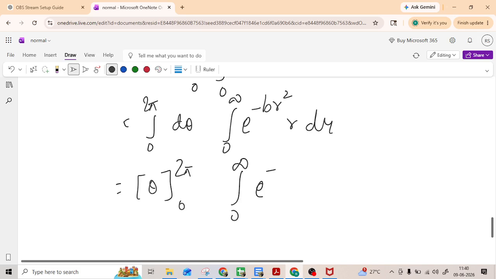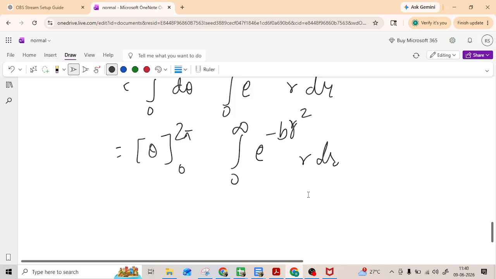We need to solve this, the r square r dr. So this becomes 2 pi, because 2 pi minus 0 is always 2 pi, and then this becomes this.